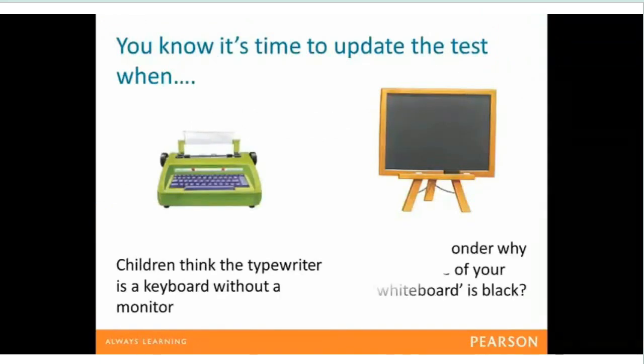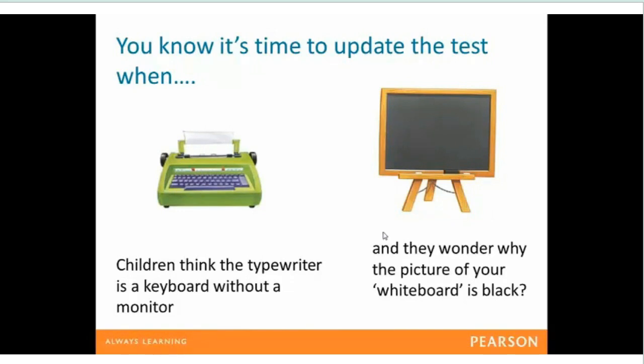Now, many of us are still using or just starting to transition from the WISC-IV, and it is time to update, especially when we look at some of the questions we're asking children in the old version and some of the pictures that we're showing them. It really shows us that the WISC-IV is getting a bit out of date. For example, in the WISC-IV, we have that picture of the green typewriter, and children aren't quite sure what that is, thinking it's maybe an unusual looking keyboard without a monitor.